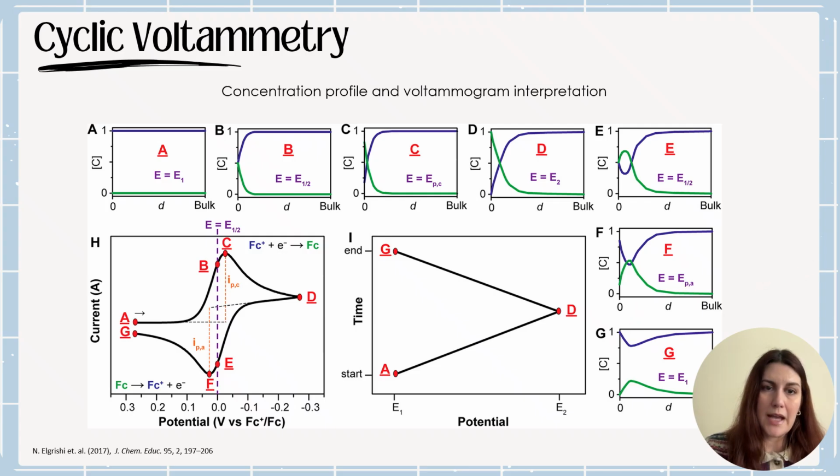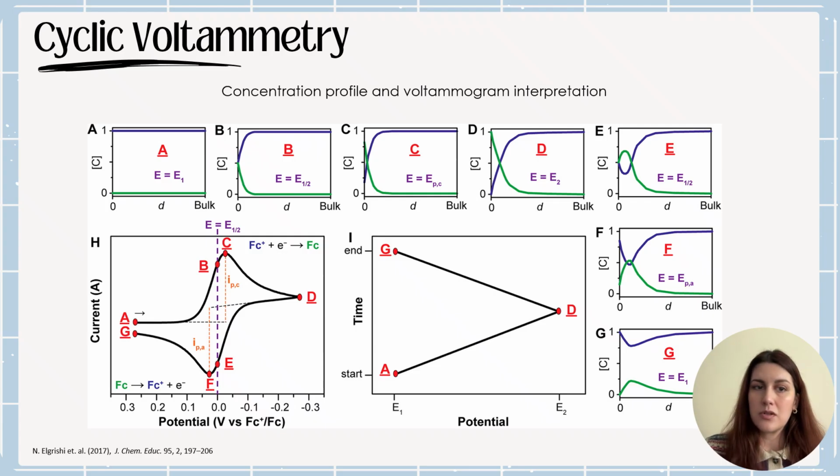So we start at point A, where the potential is still far from the redox potential. At this stage, no electrochemical reaction is occurring, so the concentration of the species in solution is uniform throughout the solution, including near the electrode. As the potential begins to move toward the redox potential, we reach point B. Now the reaction begins to occur at the electrode surface.